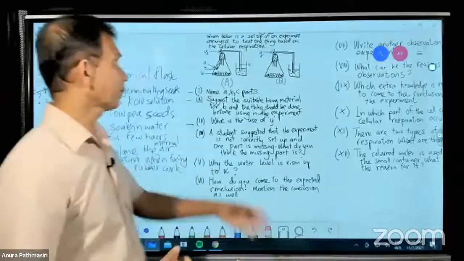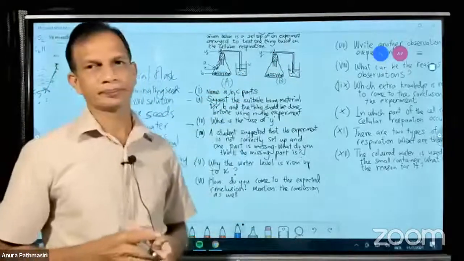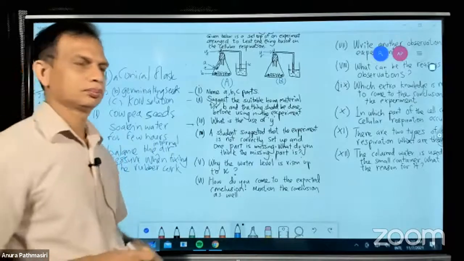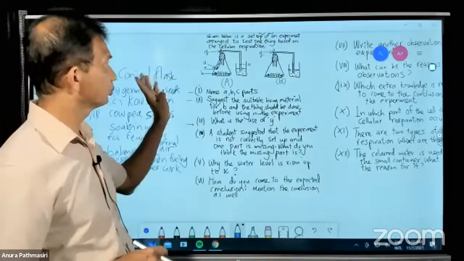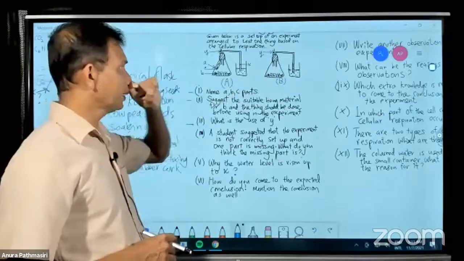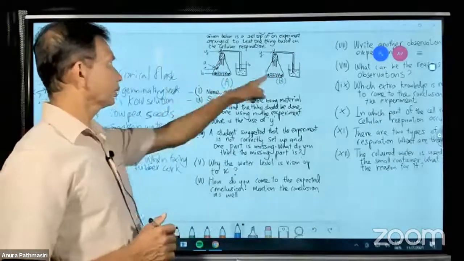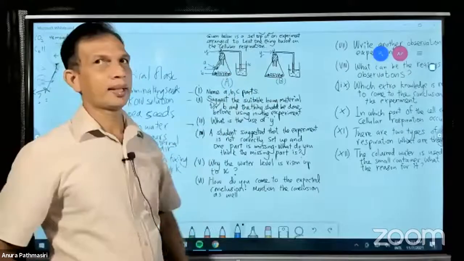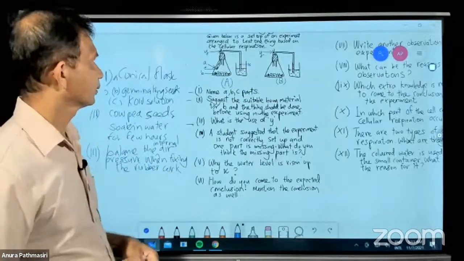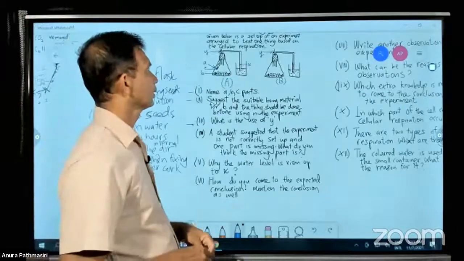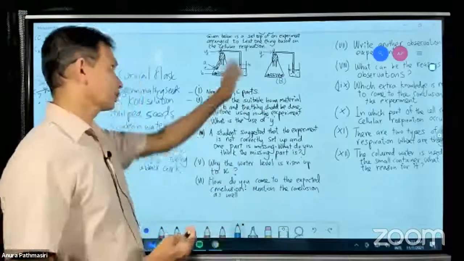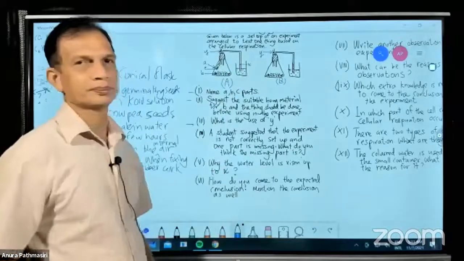Potassium hydroxide in B. Then both are the same experimental setups. If you put the potassium hydroxide here, both are the same.